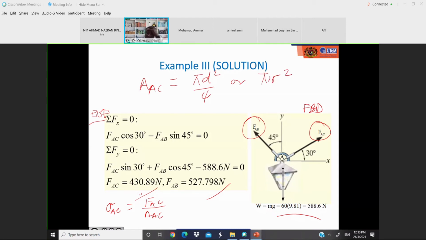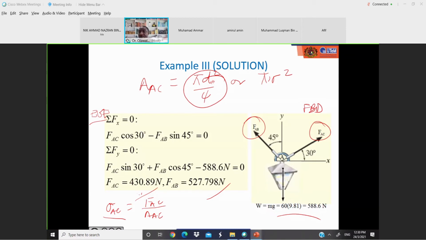AC diameter, what is it? Diameter of the rod for AC is 10 mm. AB diameter is 8 mm. So substitute D in this formula, then find AC, then after that find sigma AB. Faham tak faham?